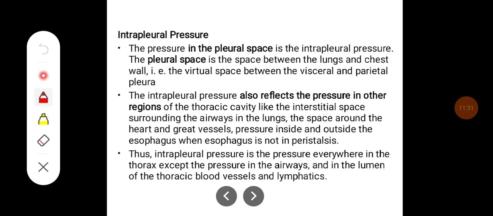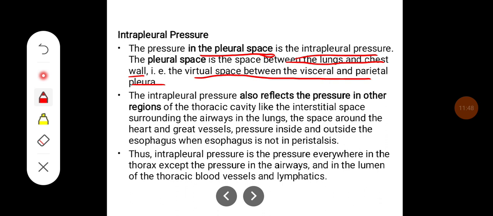The pressure in the pleural space is called intrapleural pressure. The pleural space is the space between the lungs and chest wall, that is, the virtual space between the visceral and parietal pleura.